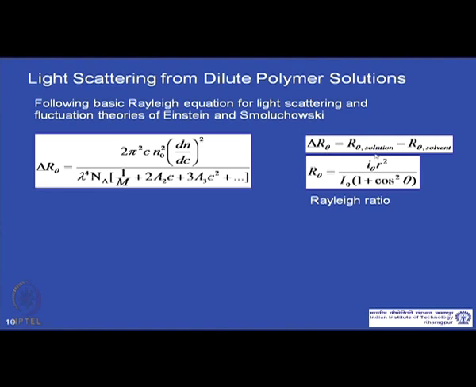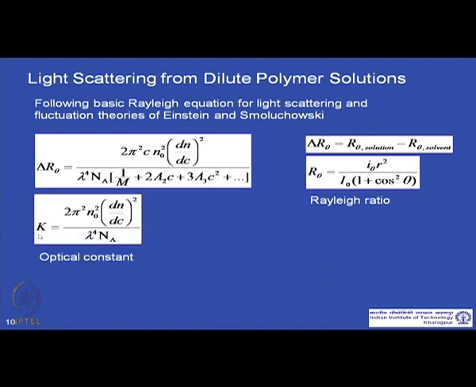And delta R theta is nothing but the Rayleigh ratio for that particular theta for the solution minus the Rayleigh ratio for the solvent. K is defined from all the terms which we know.